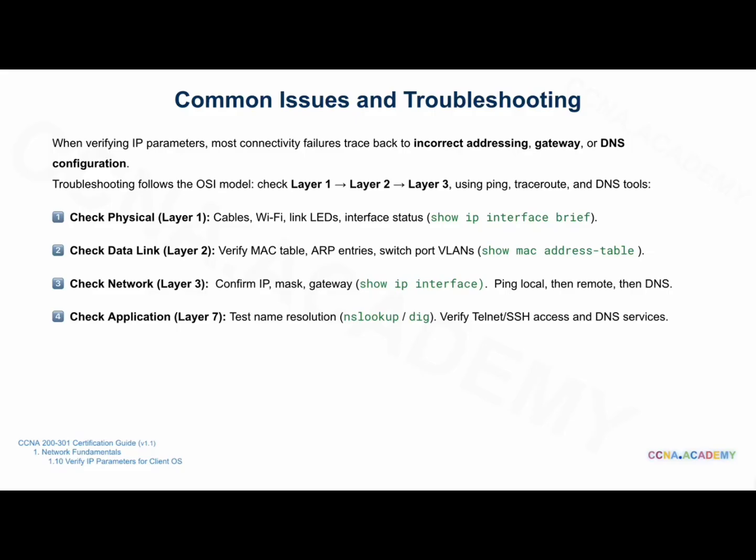That's layer 3. If IP works but name resolution fails, it's a DNS issue at layer 7. And finally, if everything works except remote access, check ACLs, SSH configuration, or firewall rules. Always verify in this order: IP, gateway, DNS, path, port.